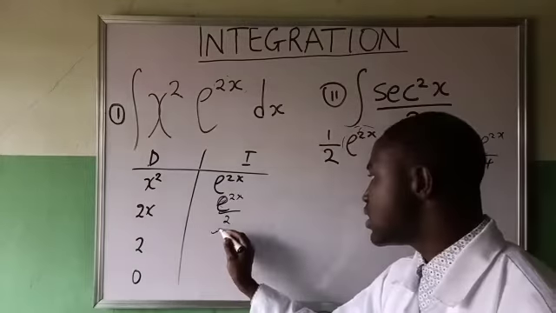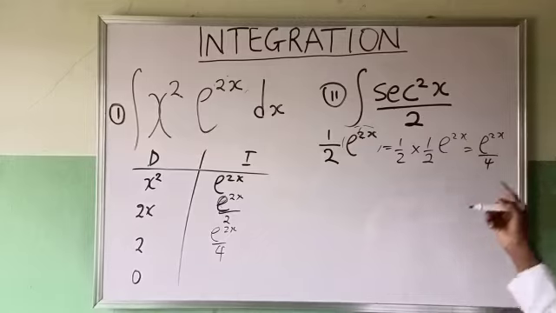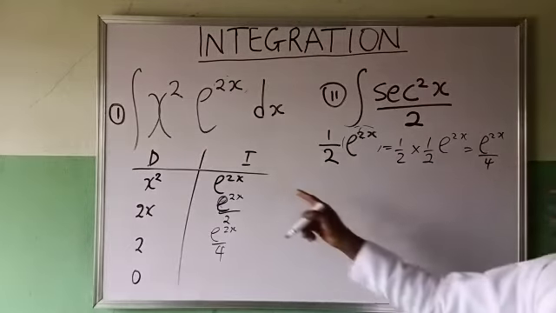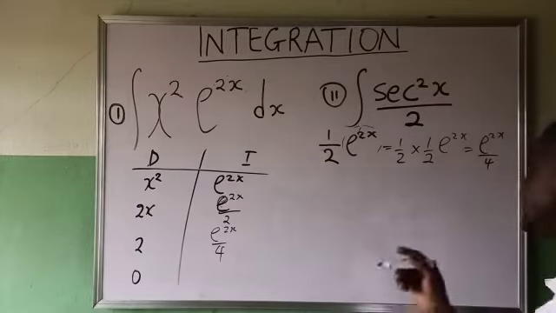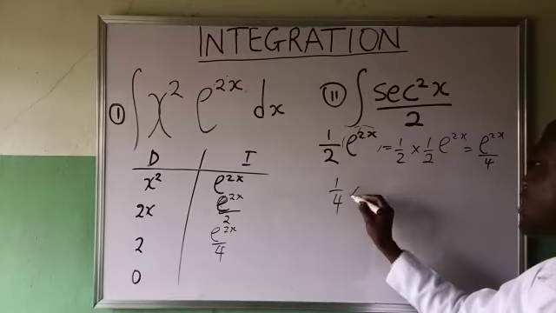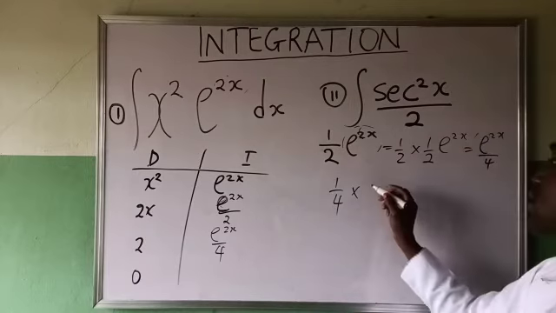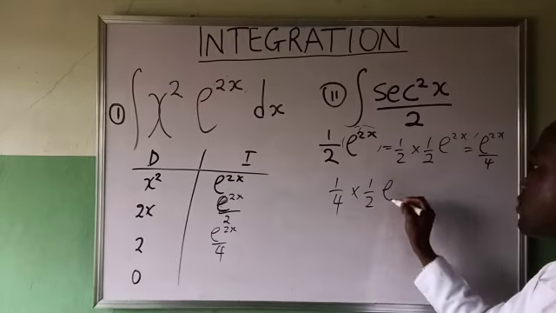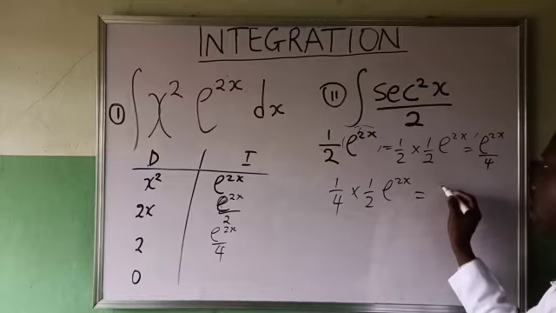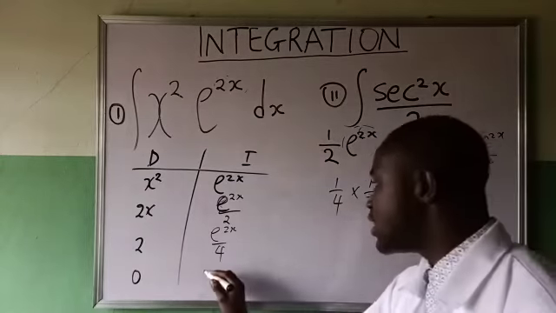I will write exponential 2x over 4. I'm to integrate this answer again to get what I will write here. That means 1 over 4 times, integrate this, that is exponential 2x. That will give 1 over 2 exponential 2x. That will give me 1 over 8 exponential 2x.